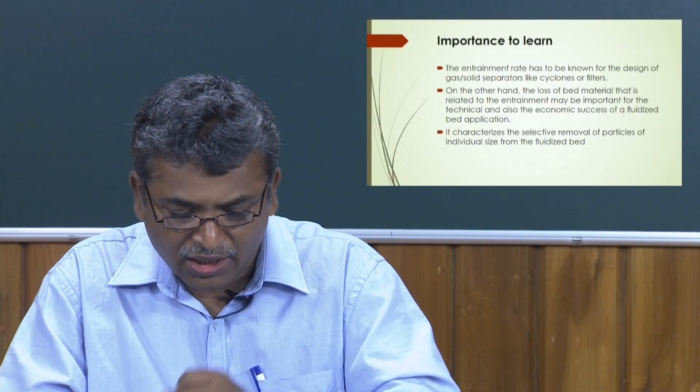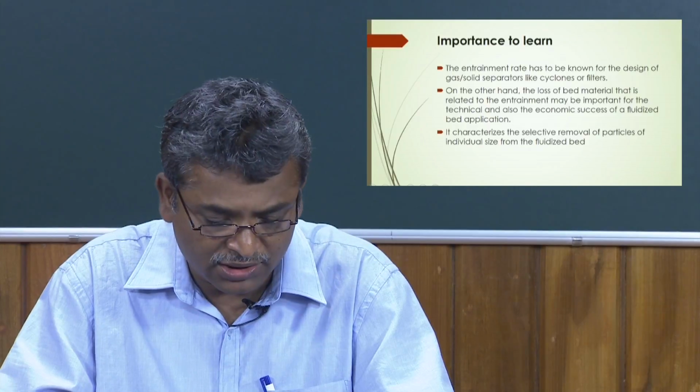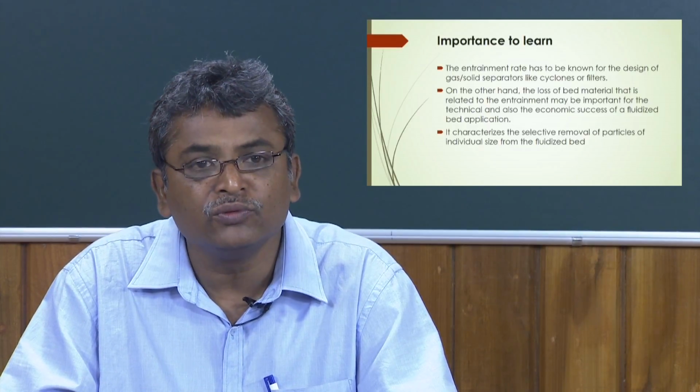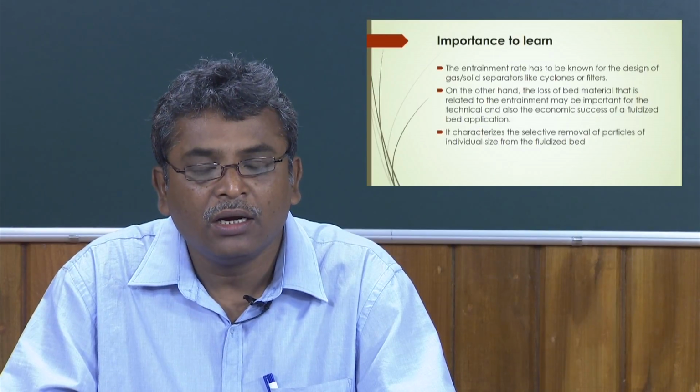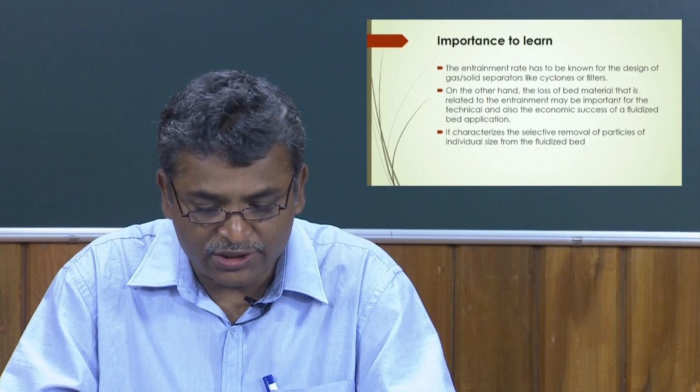This entrainment characteristic also governs the selective removal of particles of individual size from the fluidized bed. So, we have to know the entrainment characteristics inside the fluidized bed before designing it.